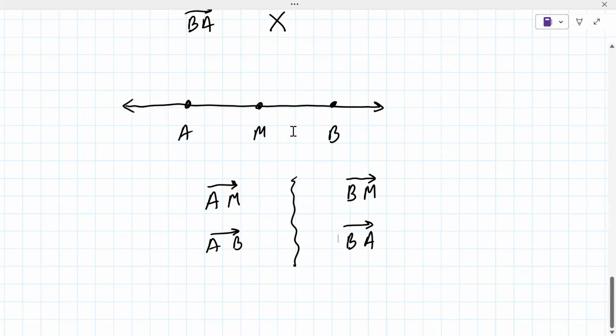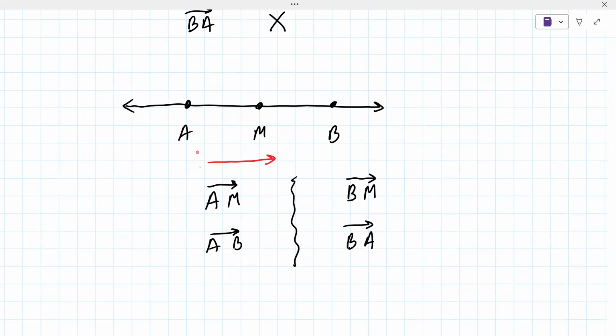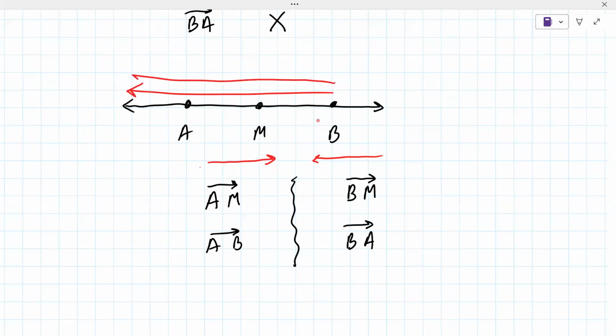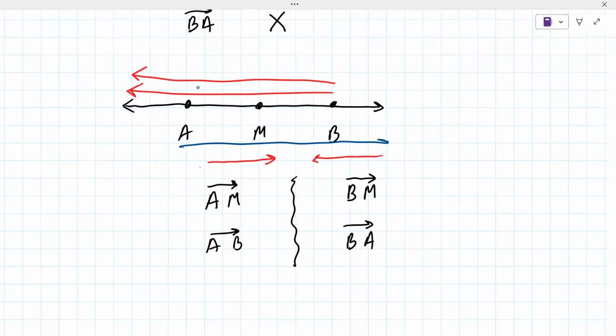What I'm trying to show you is that these are different. These over here go right, and these over here go left. They're not the same, but they're okay notationally. BM goes this way, BA goes to the left. The other ones go to the right. AM goes to the right, AB goes to the right. They're not the same, but they're correct.